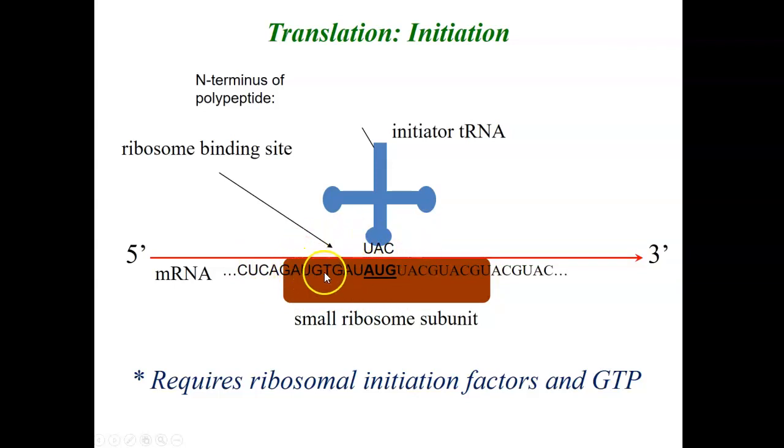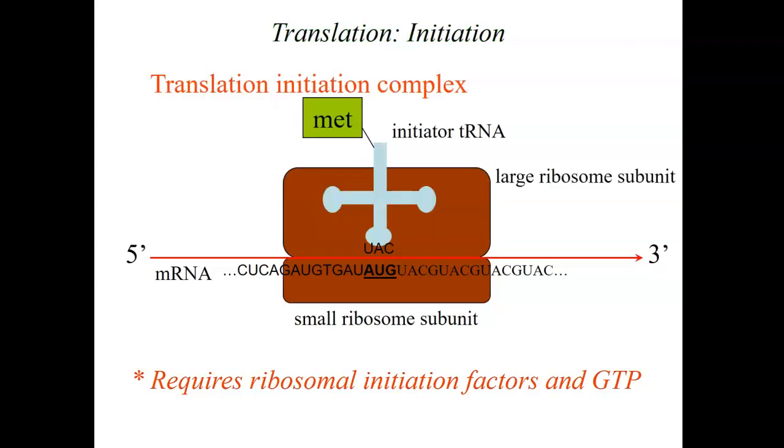It's a sequence of mRNA that encapsulates that AUG, and it's an indication of where the small ribosomal subunit should attach to the mRNA. We then get recruitment of the large ribosomal subunit, and then this whole ribosome will make its way down towards the 3' end of the molecule.